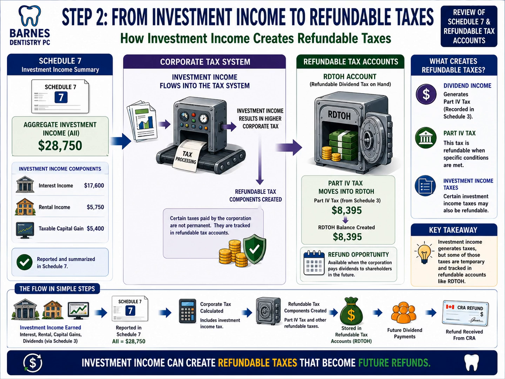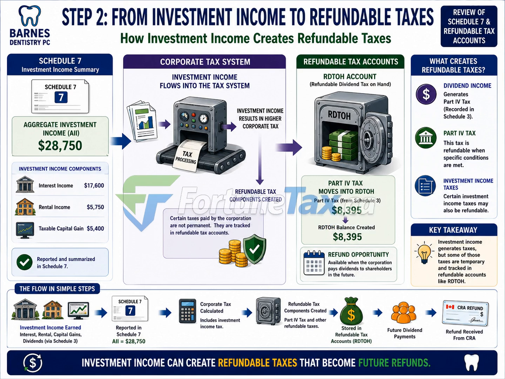As a result, Barnes Dentistry created an RDTOH balance of $8,395. Notice the calendar icon beneath the RDTOH account. This reminds us that the refund does not occur immediately. The balance simply waits inside the refundable tax account until a future dividend payment creates an opportunity for a refund.